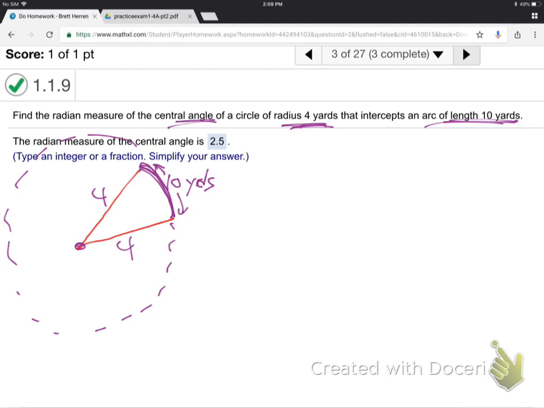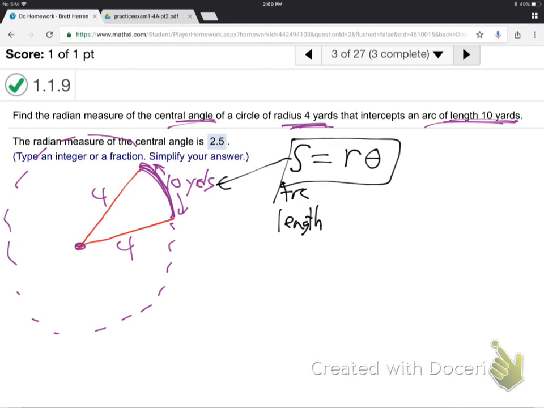Well, there's a formula I need to give you. Arc length, S. I do not know why they use S for arc length. They should use A, I would think, but they always use S. It stands for arc length. This arc length is R times theta. So that's an important formula. I will allow you to use a 3x5 card on every exam, because I don't think memorizing math is super important, but just knowing how to do it.